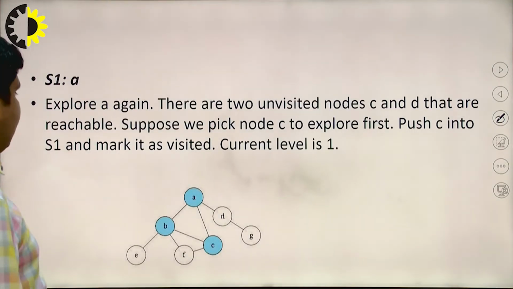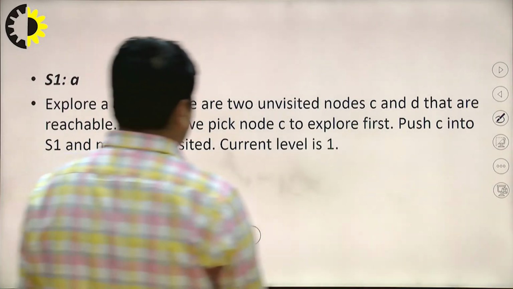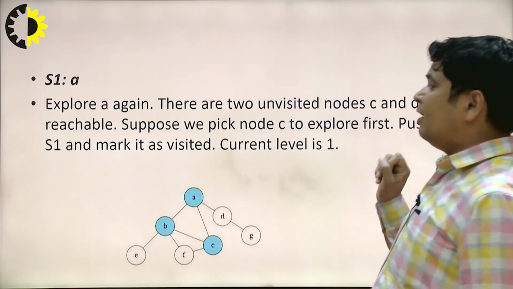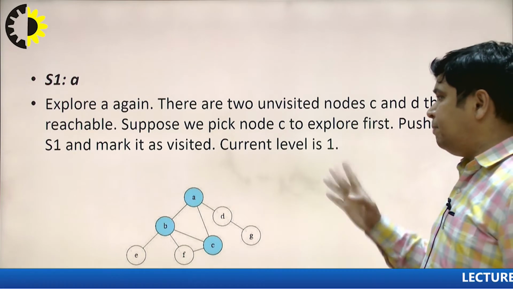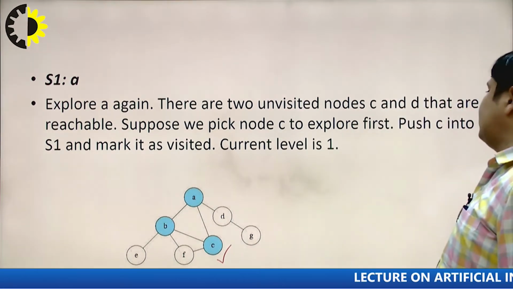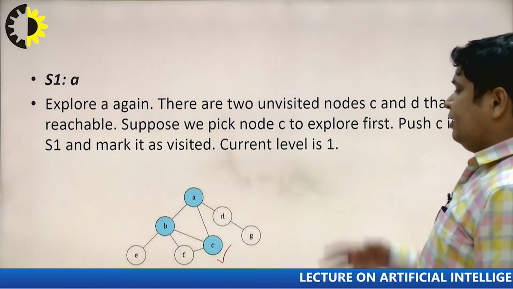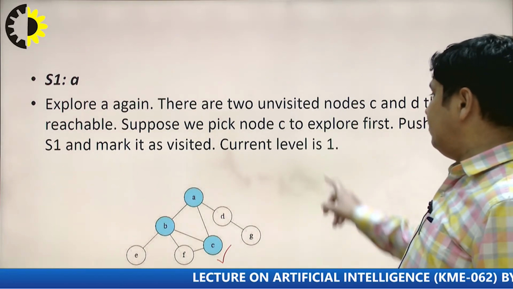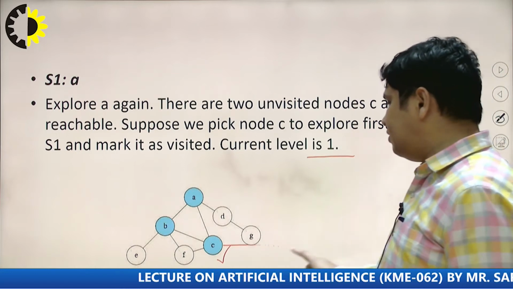Explore again. There are 2 unvisited nodes, C and D, that are reachable. Suppose we pick node C to explore first. Push C into the stack S1 and mark it as visited. We are again at current level 1.